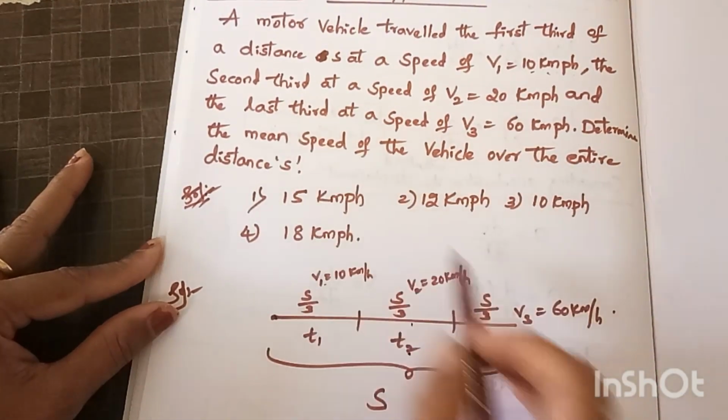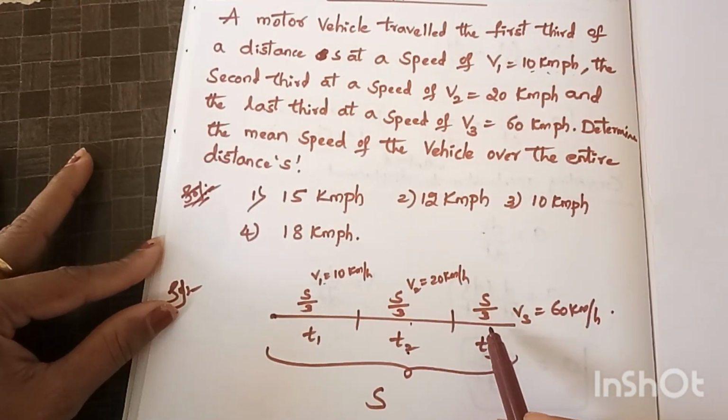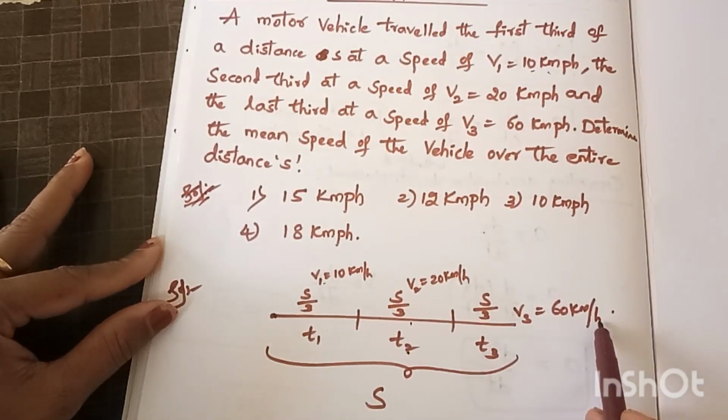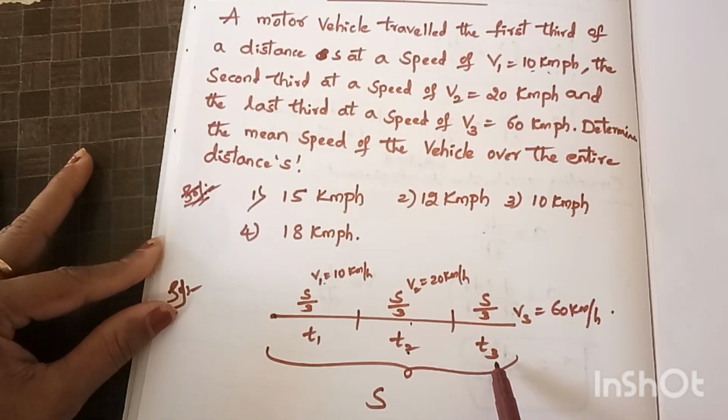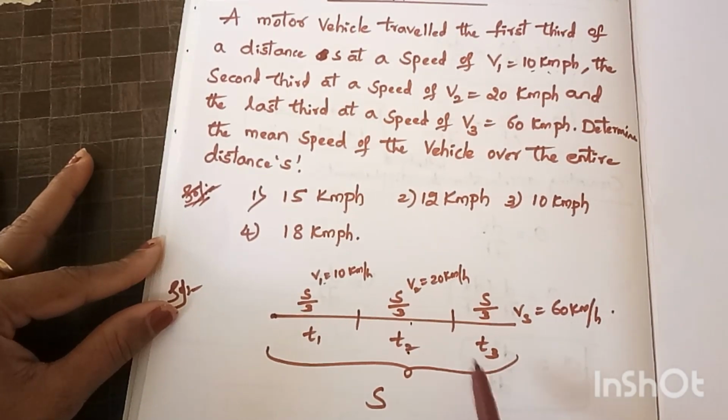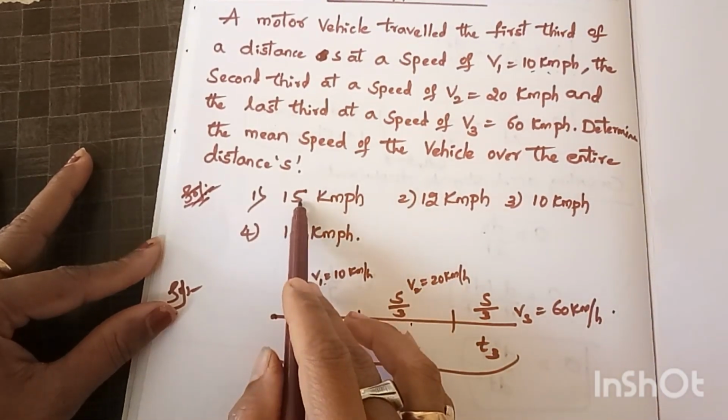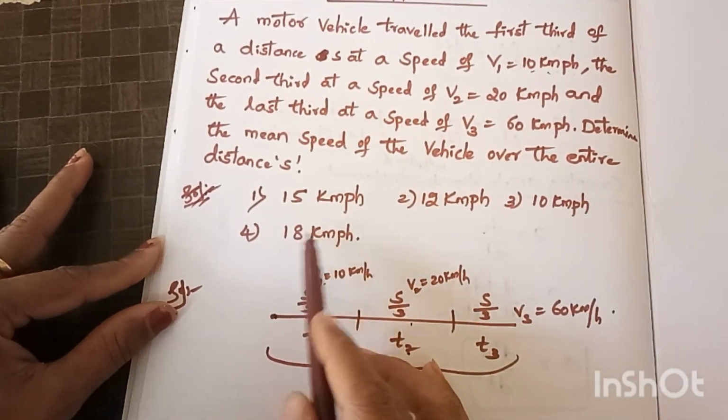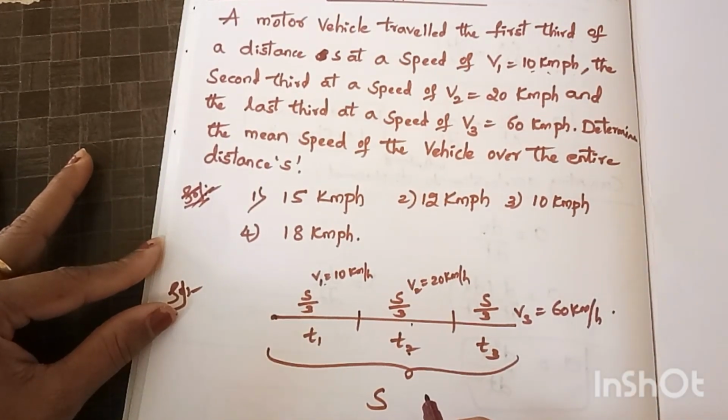The last third is s by 3 with speed 60 km per hour. We don't know the time for the last third of the distance, so we consider it as t3. By using these terms we are going to calculate the mean speed or average speed. They have given the options 15, 12, 10 and 18. We have to solve that problem.